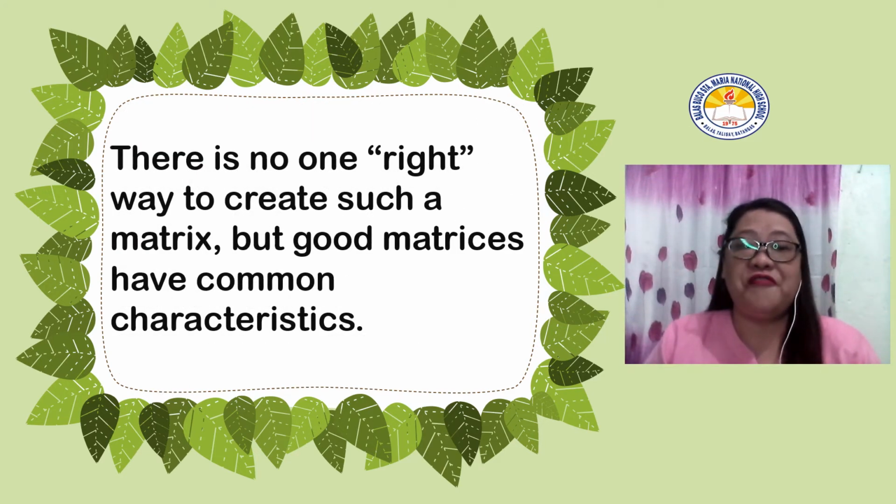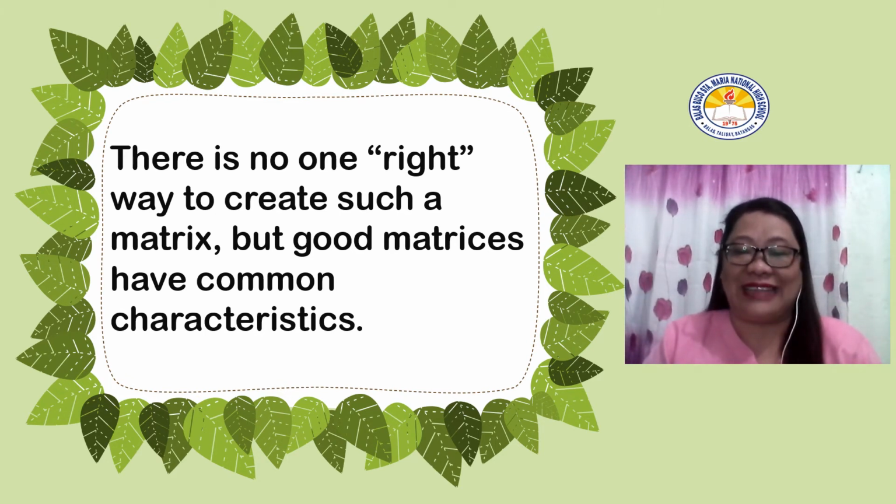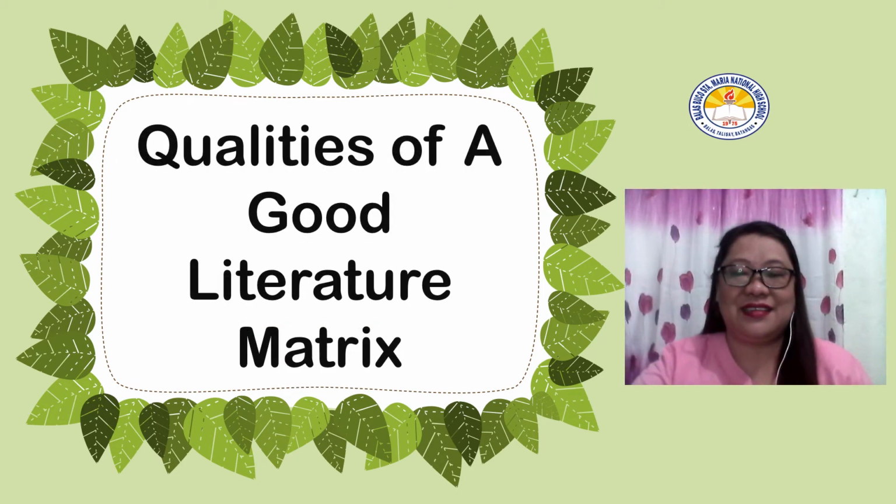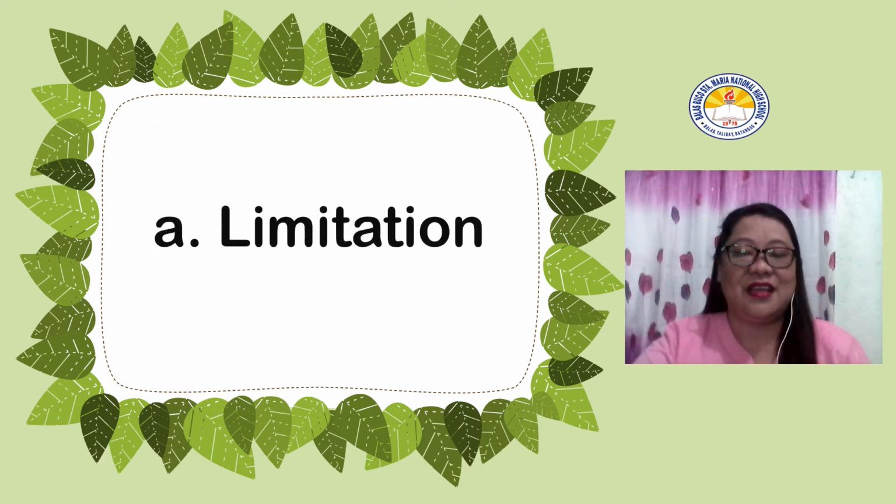There is no one right way to create such a matrix, but good matrices have common characteristics. Here are the qualities of a good literature matrix. Number one is limitation.